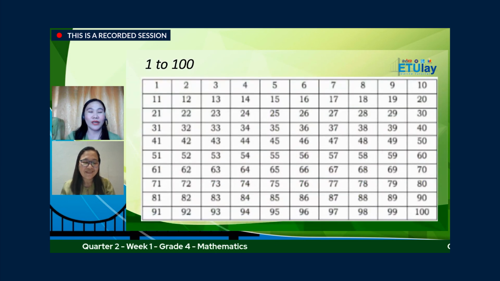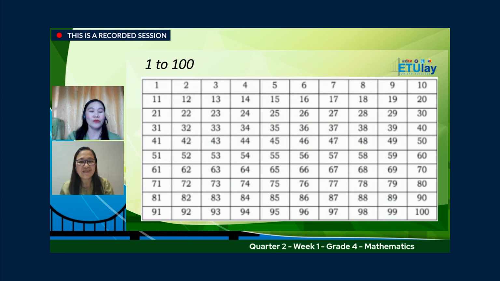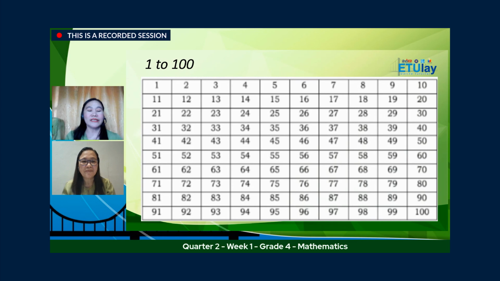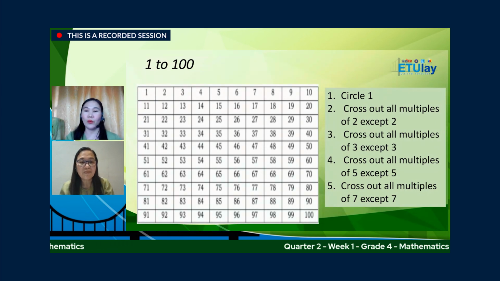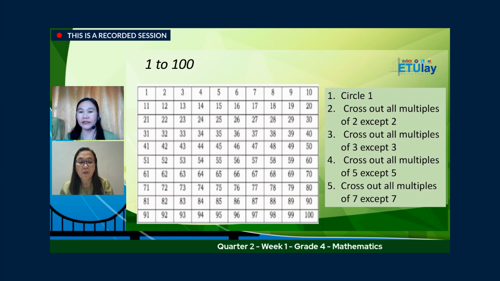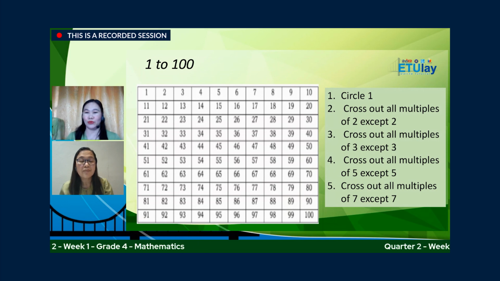So take a look at 1 to 100. So anong meron dito sa 1 to 100? So tingnan natin. See the given and follow the instructions. So, tignan nga natin, ano nga ba yung mga instructions? Number 1, circle 1. Number 2, cross out all multiples of 2 except 2.